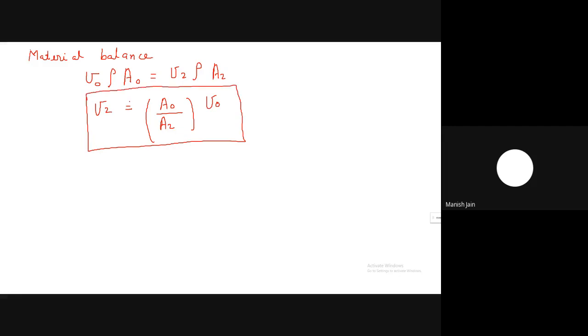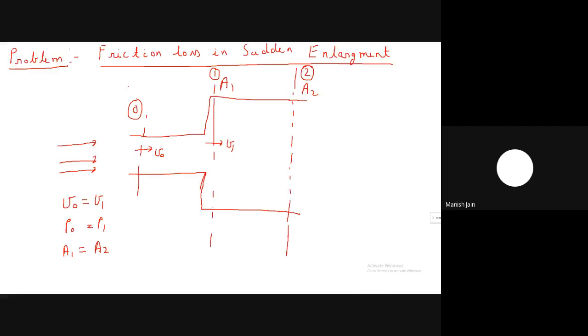Now you can do the momentum balance. Momentum is basically the force balance. So you have the velocities as well as the diameter. A1 equal to A2, so you can use A2 at both points, but here pressure is P0, here pressure is P1, and P0 equal to P1.